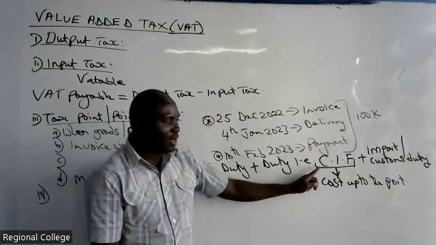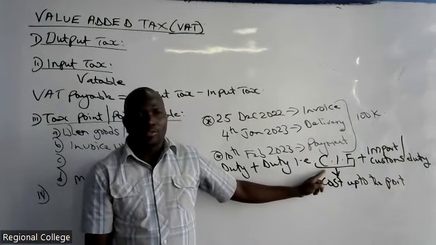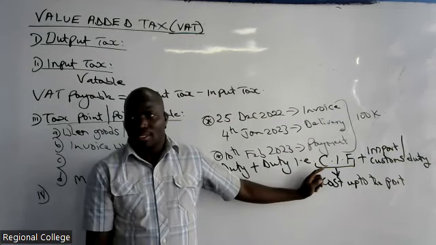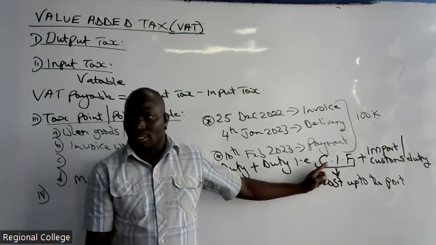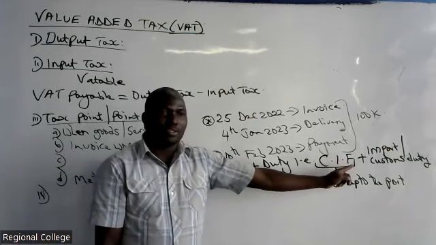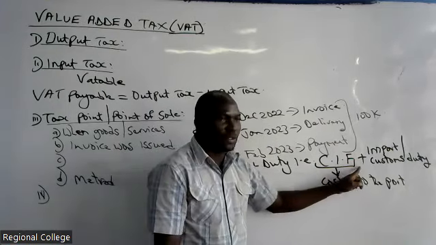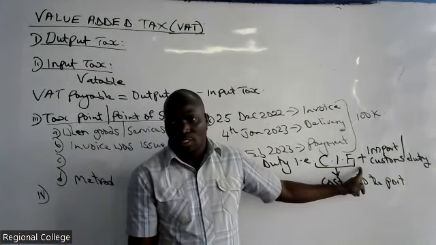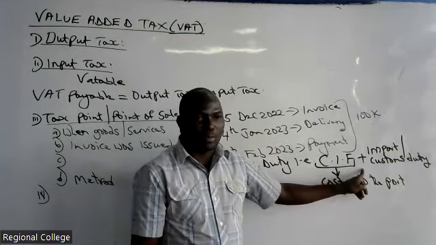You bought it at this figure. See, ikiletwa kutoka that foreign country, lazima to insure transit. Either inakuja na plane, ama inakuja na meli, we have to insure it while on transit, right? Then freight is the transportation costs up to the port. So this is the total cost up to the port, either airport or the seaport, or whichever port you have in your mind.